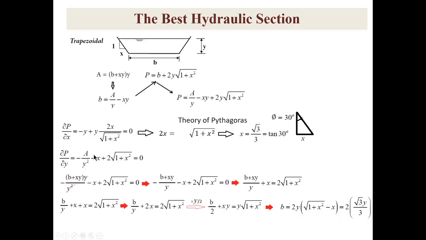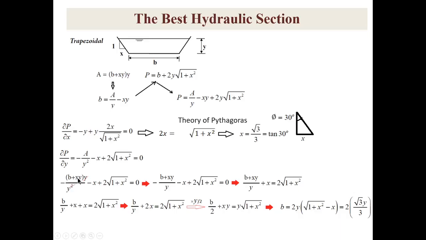And now we can simplify this equation to get our secondary conclusion of these calculations. From here, I replace the value of y in this equation, which equals b plus xy times y. Therefore, my equation will be in this form.